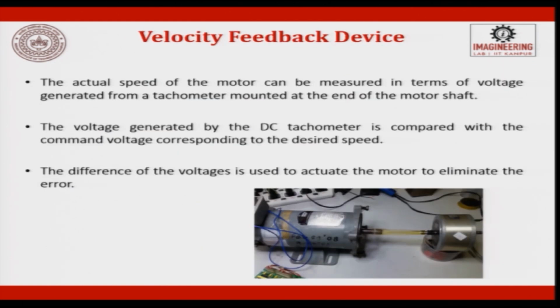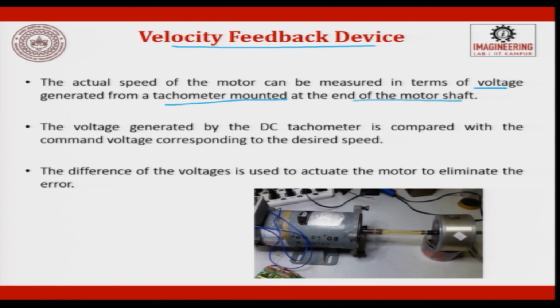The last one is the velocity feedback drive. The actual speed of a motor can be measured in terms of voltage generation from a tachometer. So, this is a motor, this is a tachometer, it generates a voltage signal, and that from the tachometer is taken as output and attached.